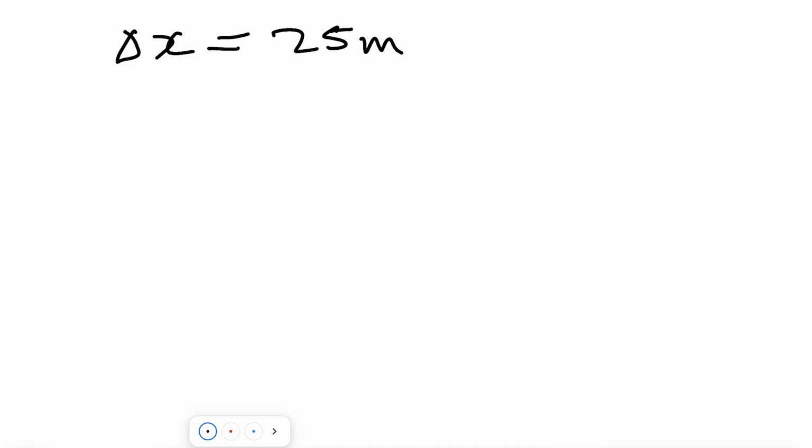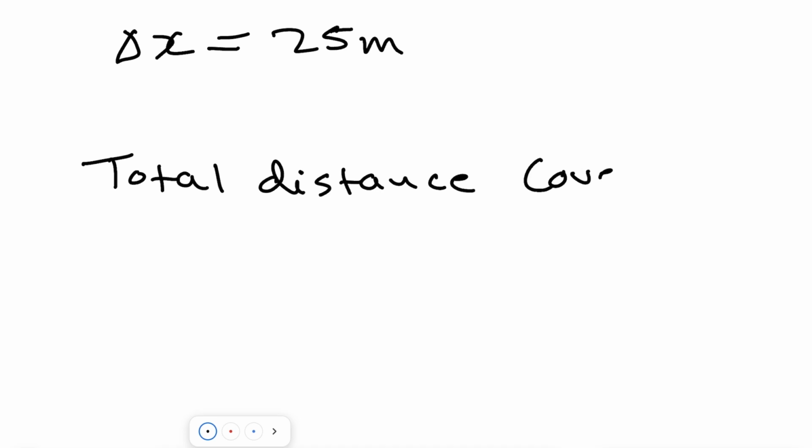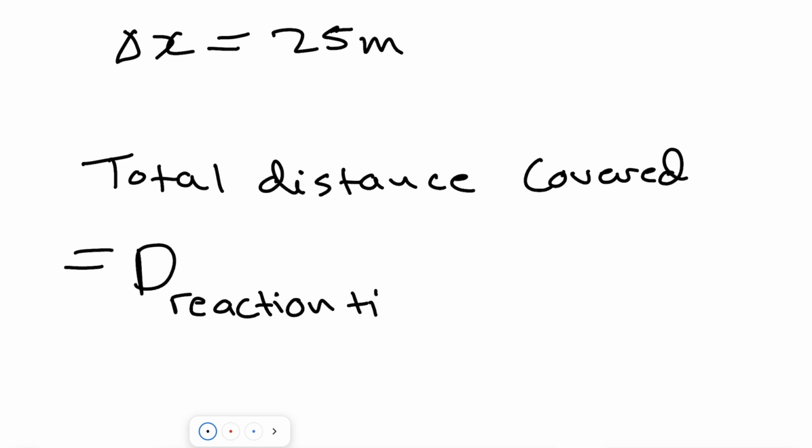So the total distance covered is going to be equal to the distance of reaction time plus the distance of the braking time.